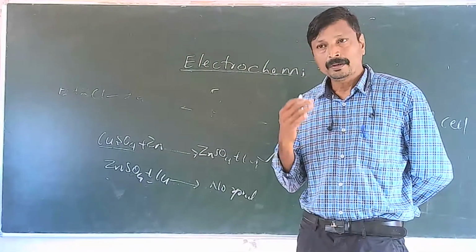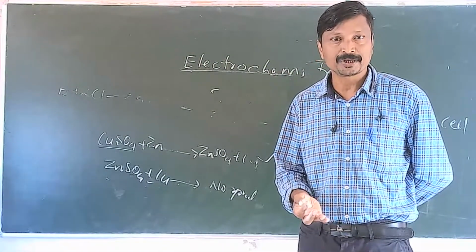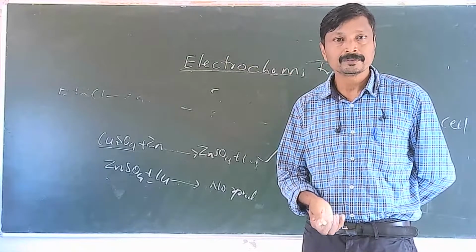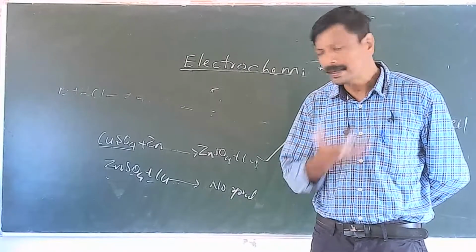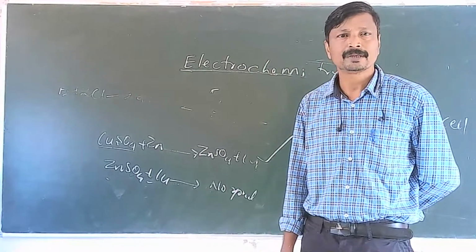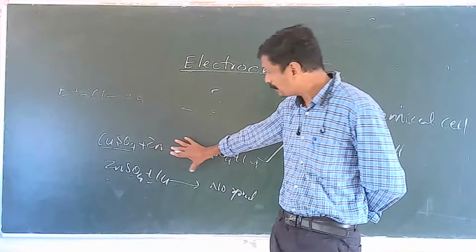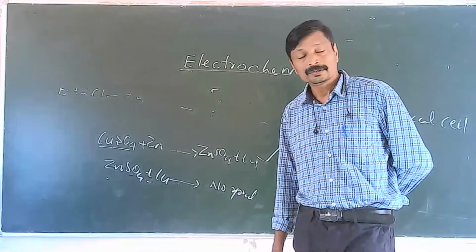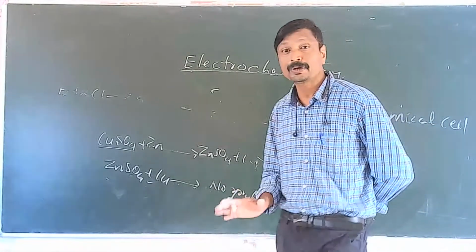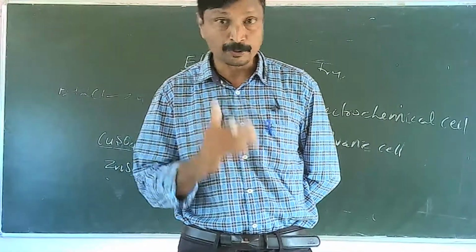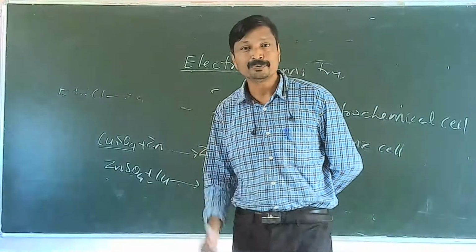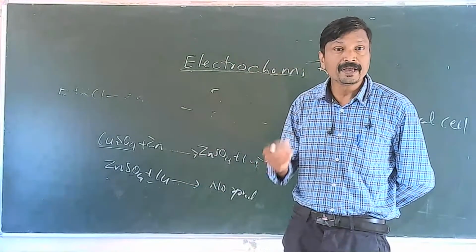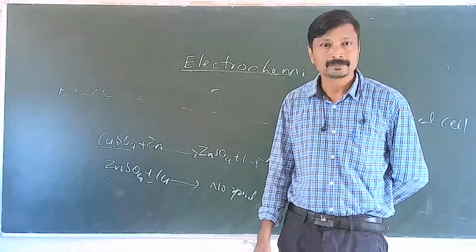Already I told you, if any process is spontaneous in nature, its free energy decreases, and you can convert this energy into any form of energy. In a galvanic cell, this energy is converted into electrical energy. Clear? So this is called a galvanic cell.